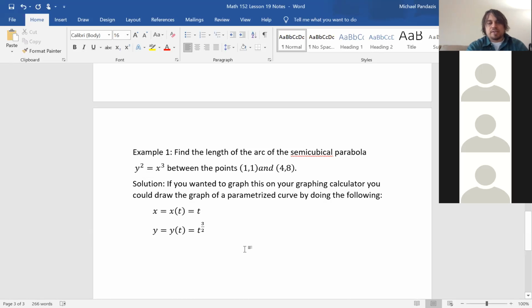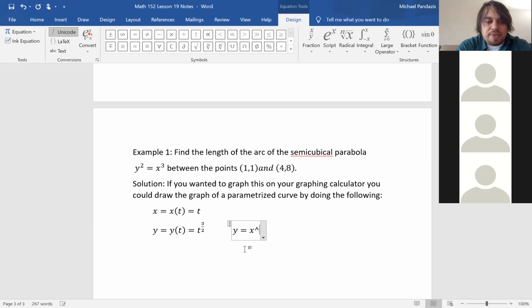So y would equal t to the 3/2. So y would equal x to the 3/2. Or you just graph y equals x to the 3/2, I guess.